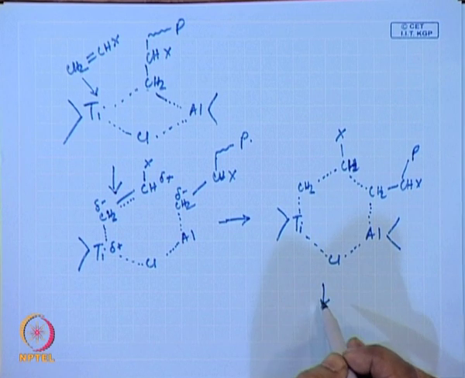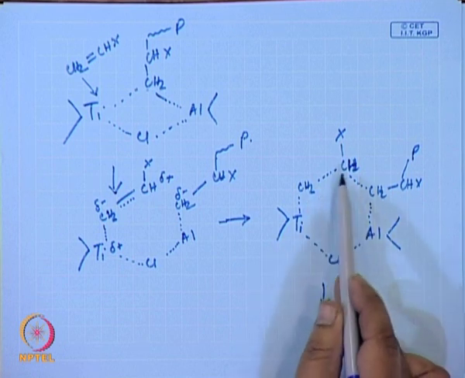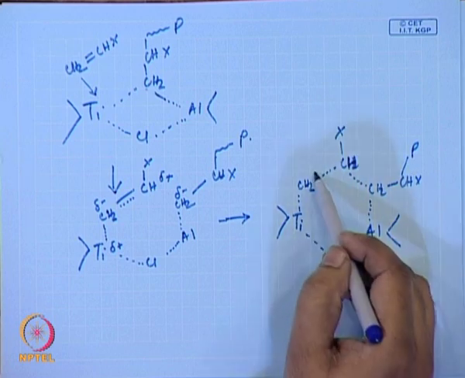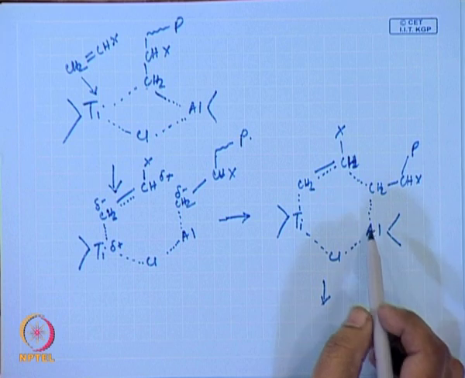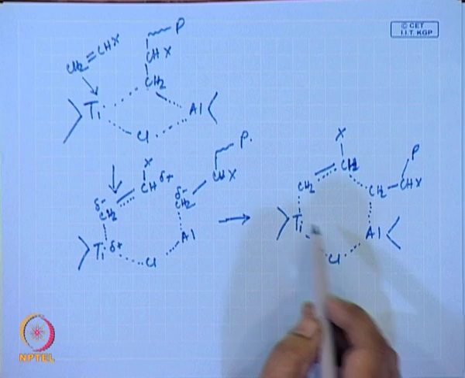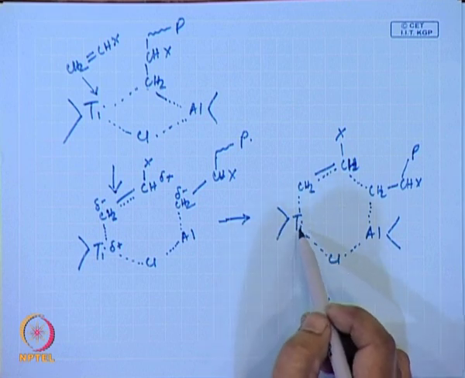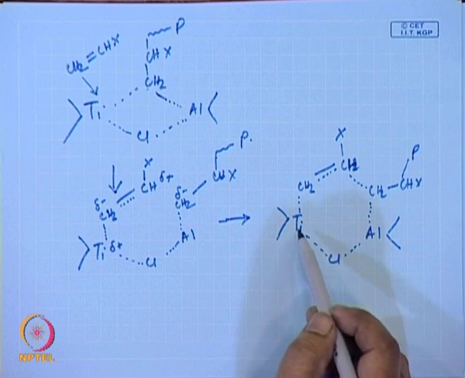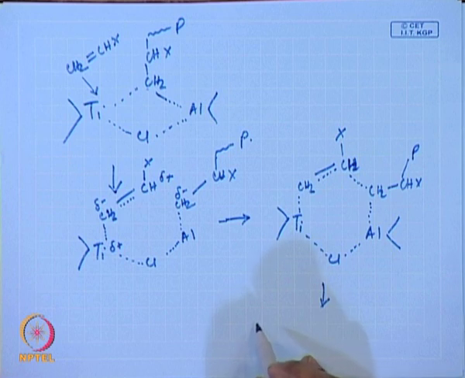And what happens now? There is insertion of this new monomer in the alkyl carbon linkage, the alkyl aluminum linkage, forming again the original titanium moiety, which will now add the next incoming monomer.